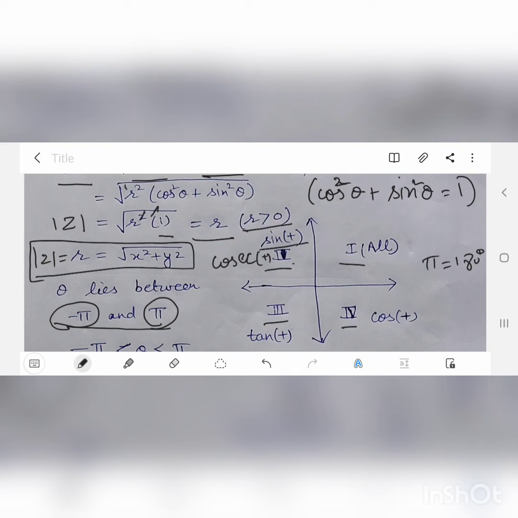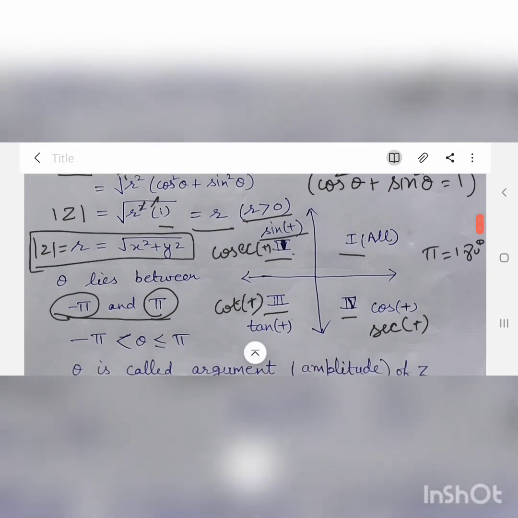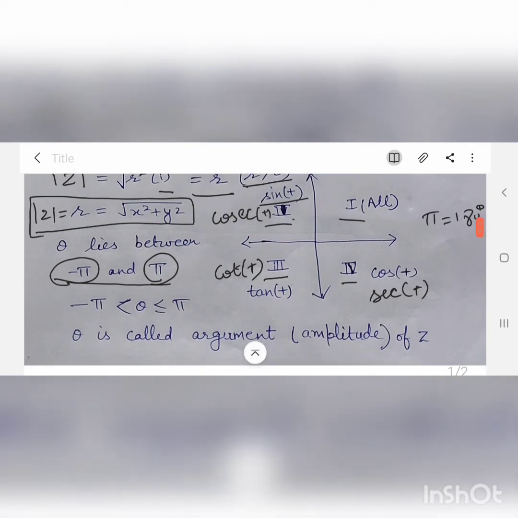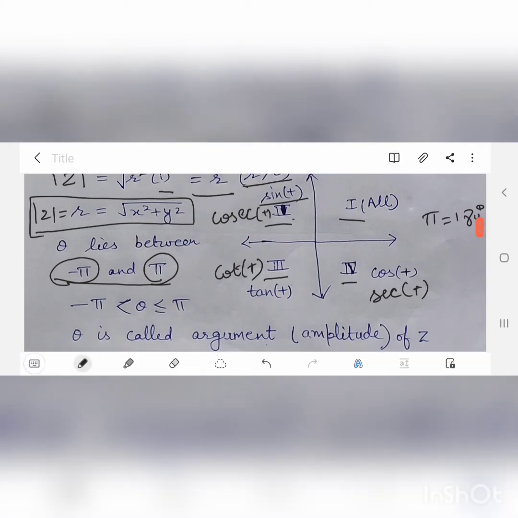In the third quadrant, tan and cot are positive, the others negative. In the fourth quadrant, cos and secant are positive, the others negative. Therefore, minus pi less than theta less than or equal to pi. Theta is called the argument or amplitude of z.